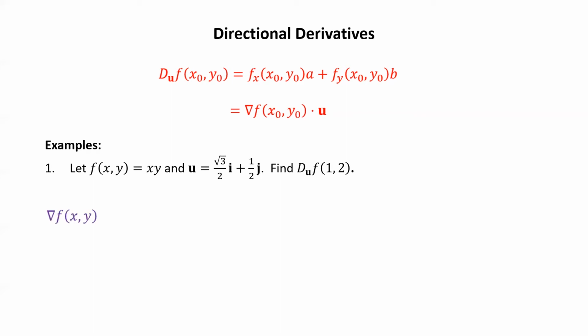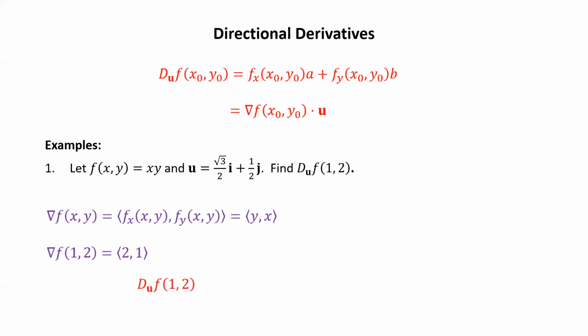So the gradient of f at x, y is, once again, the vector whose components are the partial derivatives. The partial of f with respect to x is y, and the partial of f with respect to y is x in this case. Now, the gradient of f evaluated at 1, 2 is then 2, 1. We're replacing x by 1 and y by 2.